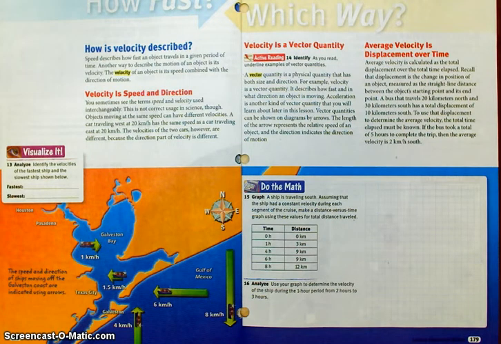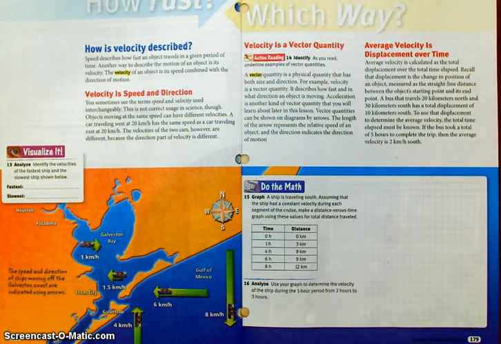Acceleration, which we're going to talk about pretty soon, is another kind of vector quantity that you'll learn about. Vector quantities can be shown on diagrams with arrows. Generally, the length of the arrow represents the size or the magnitude of the quantity.